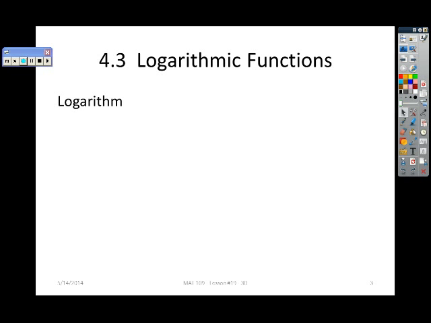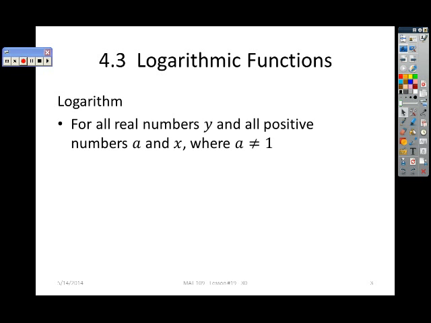Probably many of you already know this, but let's review it. We're talking about real numbers here. We're not going to work with logarithms when we have complex numbers. So if we have positive values for our constant a and our variable x, and we don't want a to be 1.